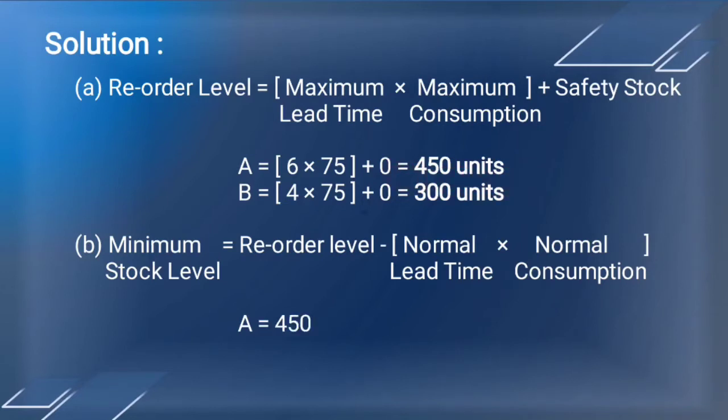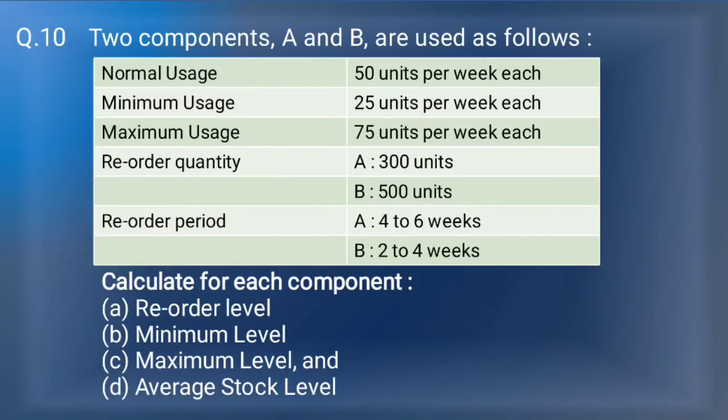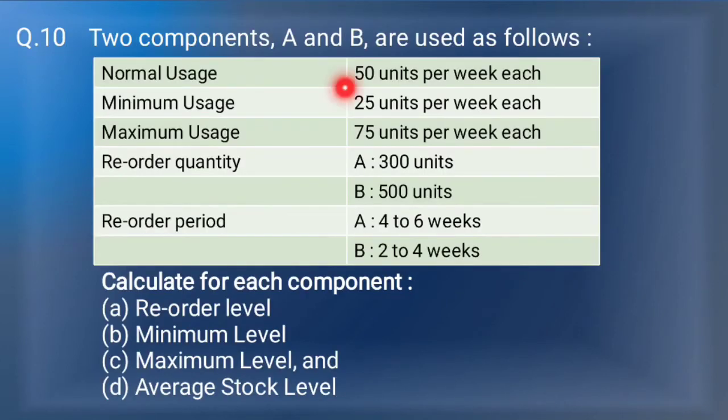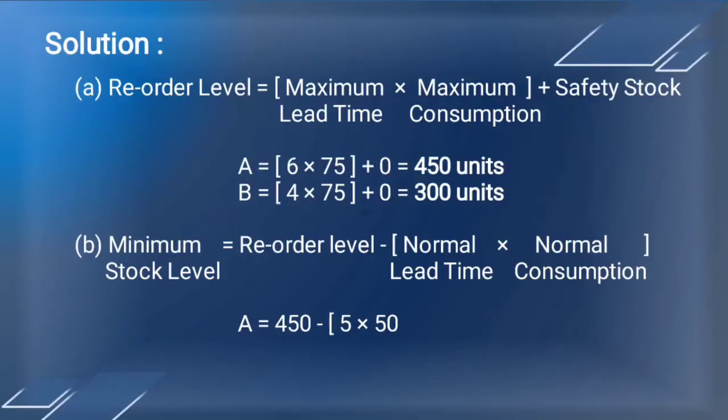So we'll record 450 minus normal lead time, which is 5 for component A. So we'll record 5 into normal consumption, which is given as 50 units per week each. So we'll record 50, which will be equal to 200 units. So the minimum stock level for component A is 200 units.